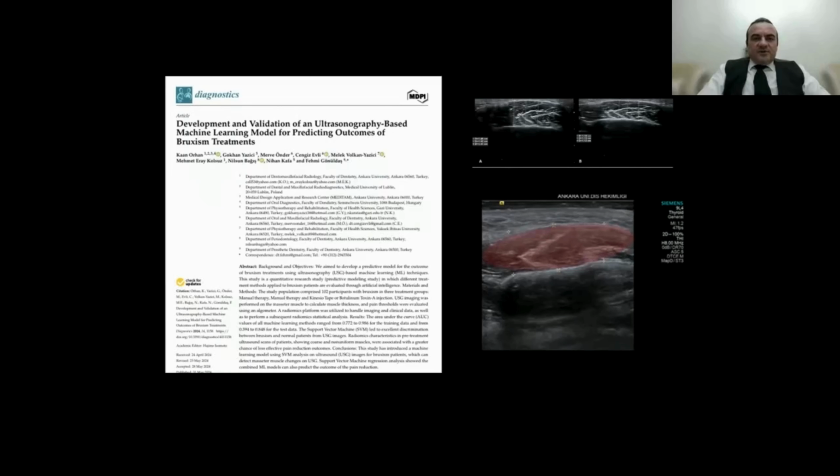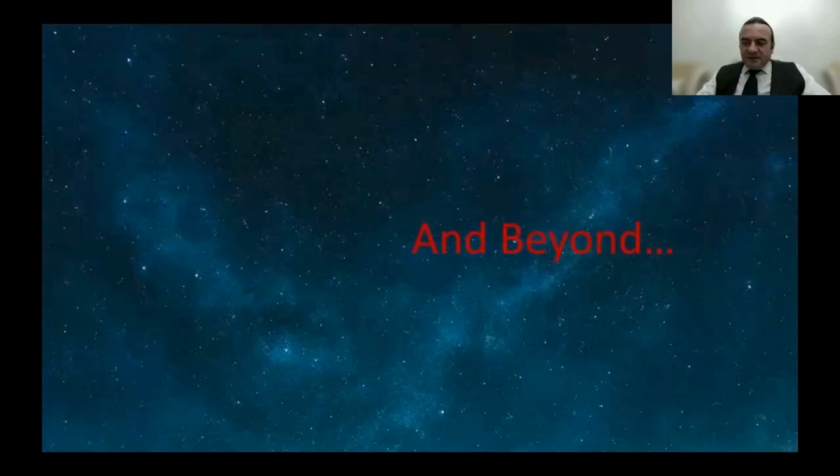For this study, we developed and validated an ultrasonography-based machine learning methodology to predict bruxism treatments, that is, which bruxism treatment will be beneficial for the patient. So pretty much we have these types of algorithms.